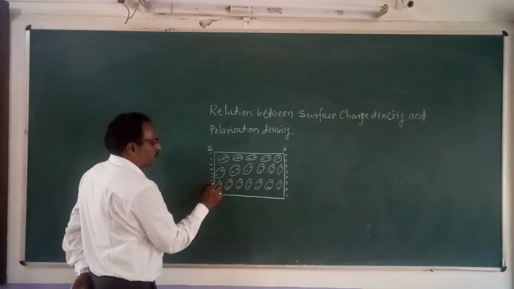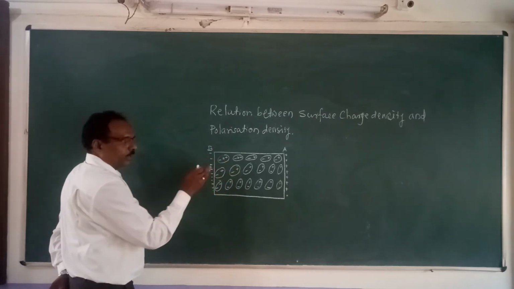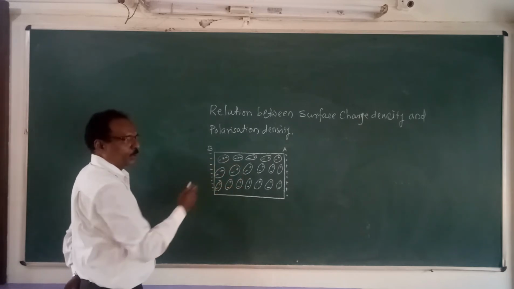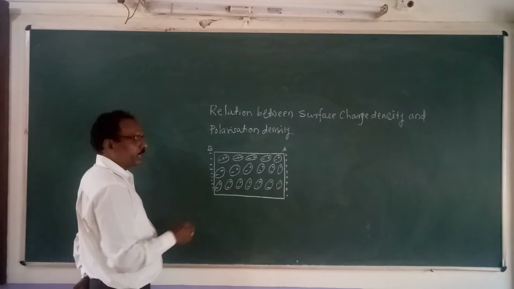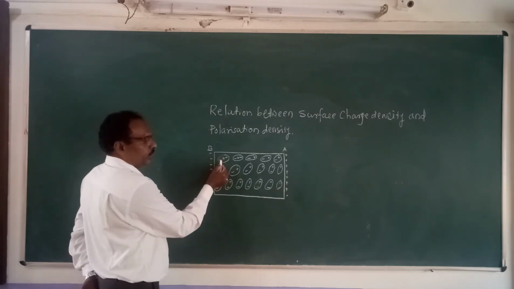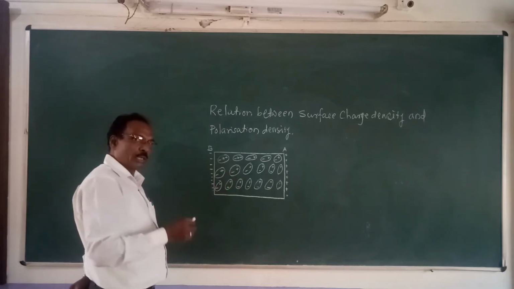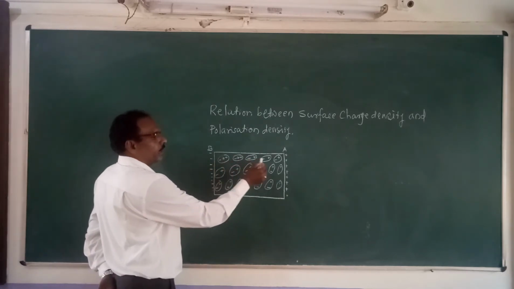So what happens when we place this dielectric substance, whether it is polar or non-polar, in an electric field? We have discussed that the dipoles, induced or permanent, get aligned.